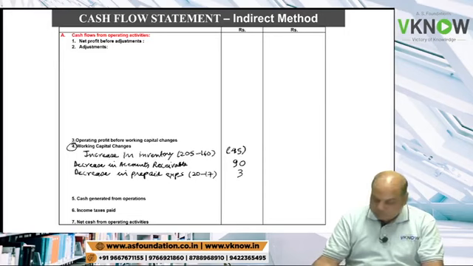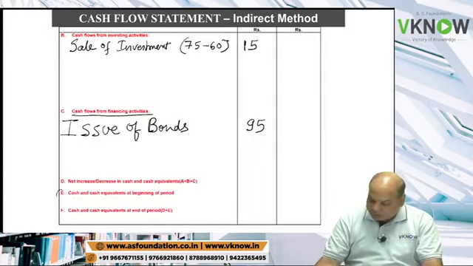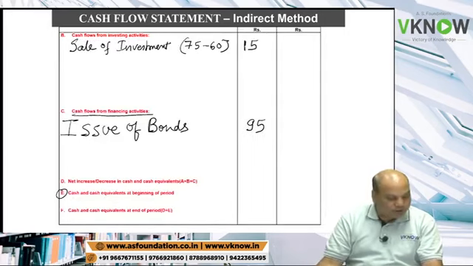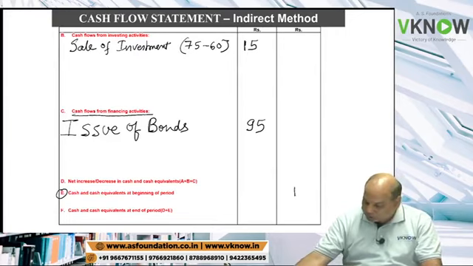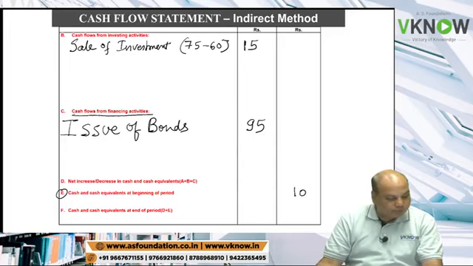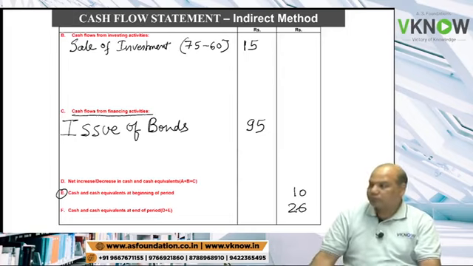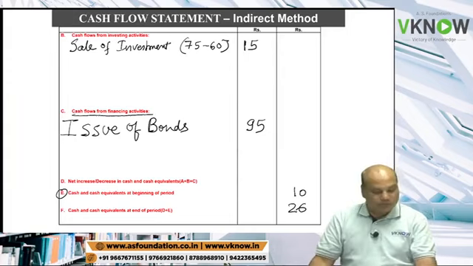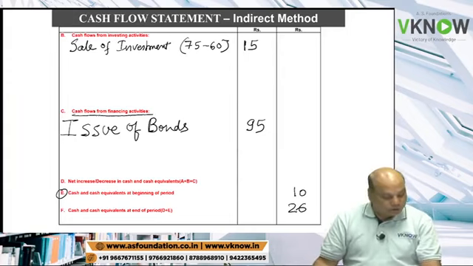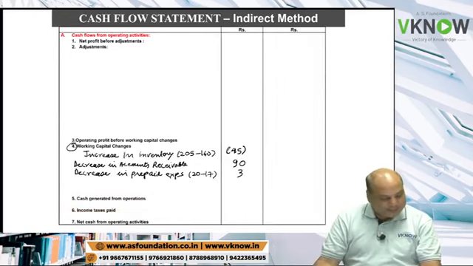Cash account. Point number E. Cash at the beginning. Beginning cash is 10. Closing cash is 26. Dear student, come to accounts payable. Accounts payable is a current liability item.